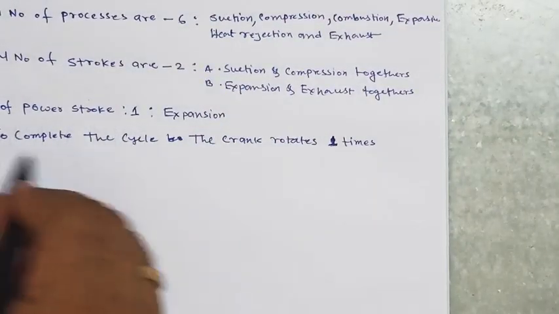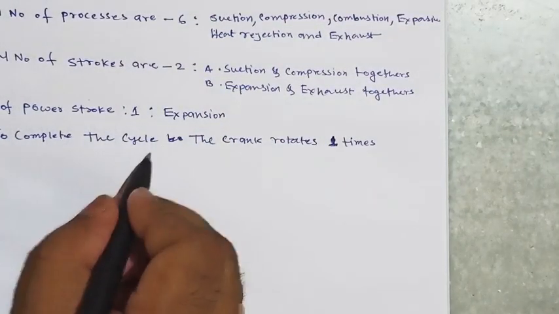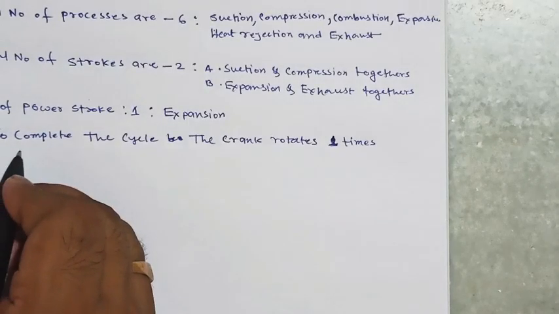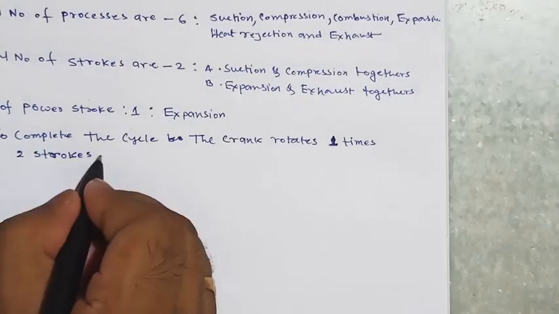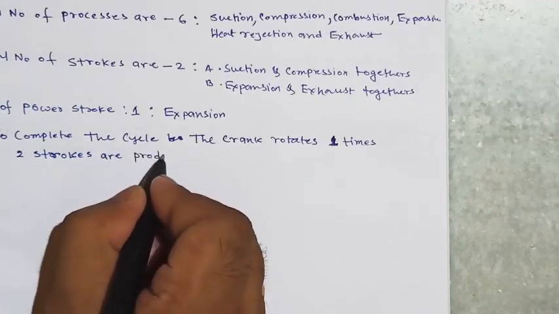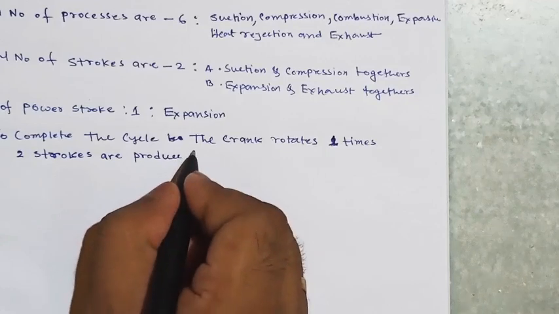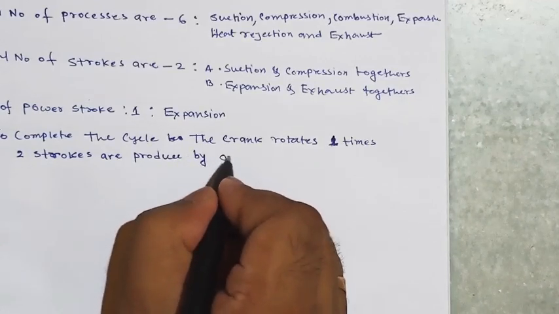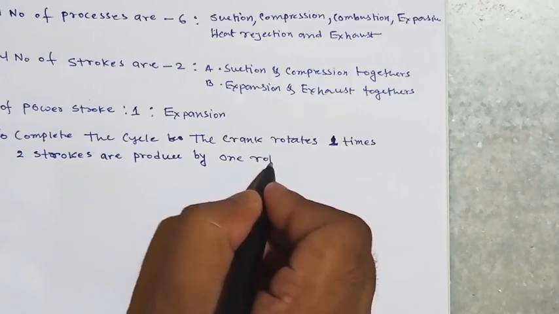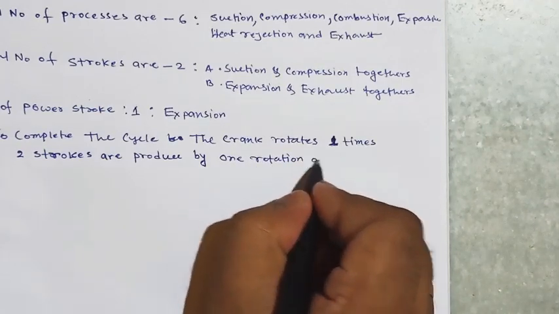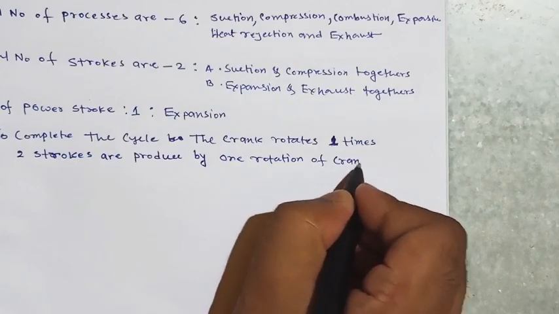To complete this cycle there will be 2 strokes, that is, 2 strokes are produced by 1 rotation of crank.